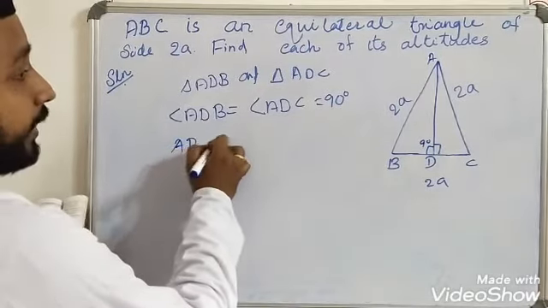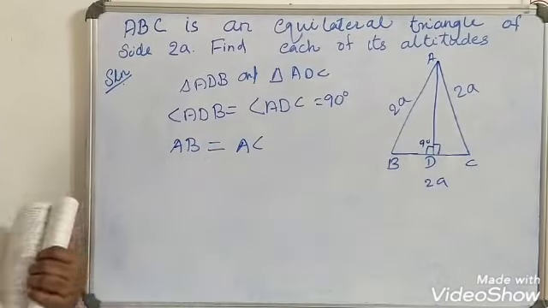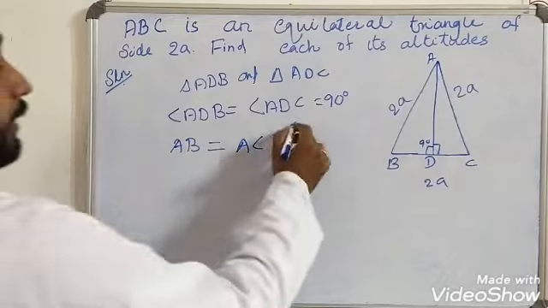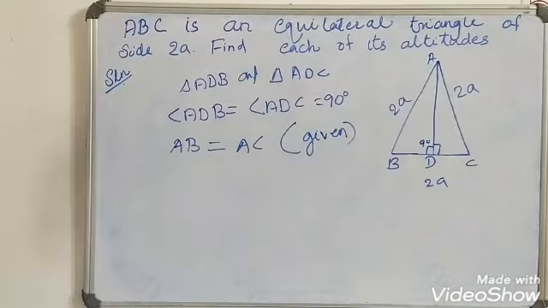It is given that AB is equal to AC, both are 2a, since it is an equilateral triangle.